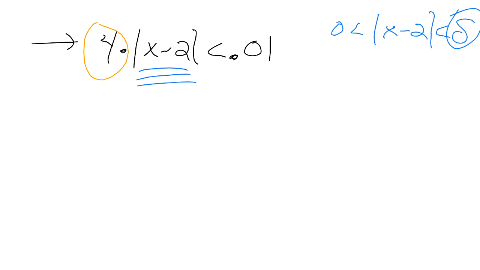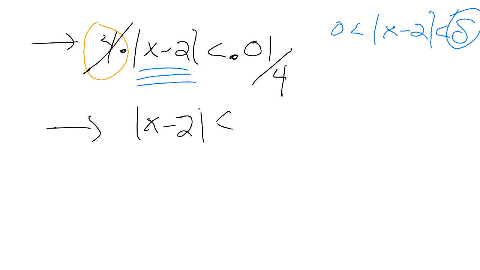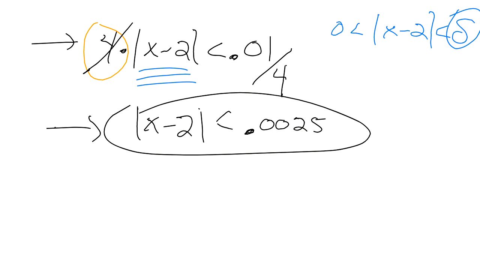Well, to find that delta, I can use the conclusion here, and I can divide both sides by 4, and so this would imply that the absolute value of x minus 2 is less than 0.01 divided by 4, which would be 0.0025.